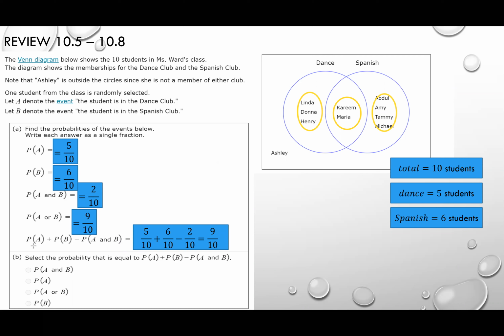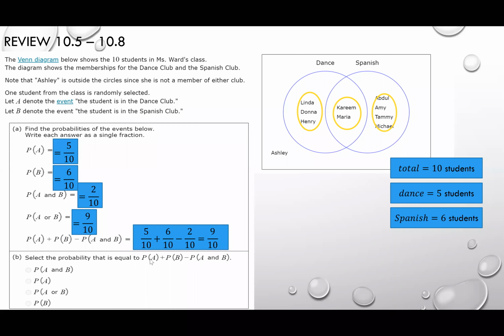And if you plug into the formula, again, the purpose of this problem is they tell you that A or B, if you look at the Venn diagram, is the same as this formula here. 5 over 10, that's your probability of A, plus 6 over 10, that's your probability of B, minus 2 over 10, that's your probability of A and B. If you add them up and subtract them, you have the same answer as this item.